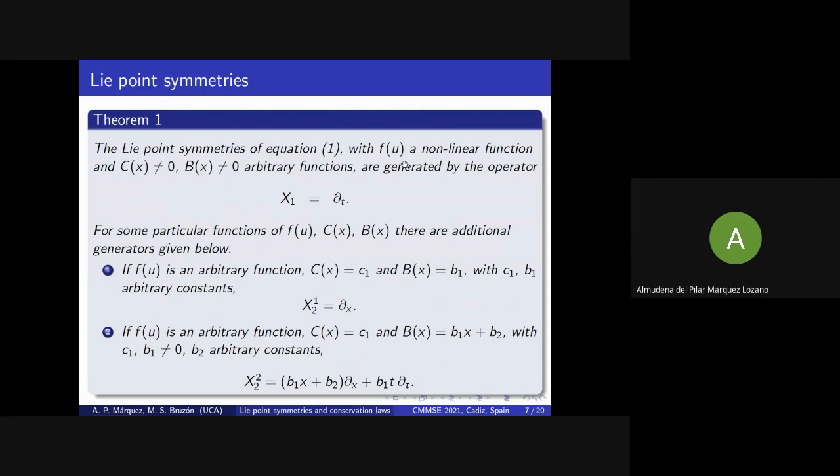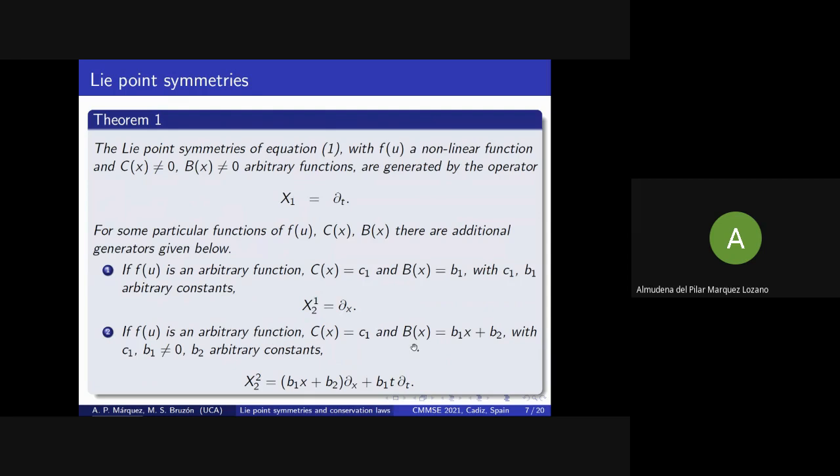As we said, with F a nonlinear function and c and b different from 0, we have this symmetry. That's a time translation. Then for some particular functions of F, c, and b, we have additional generators. For example, with F an arbitrary function, c constant and b constant, we also have a space translation.